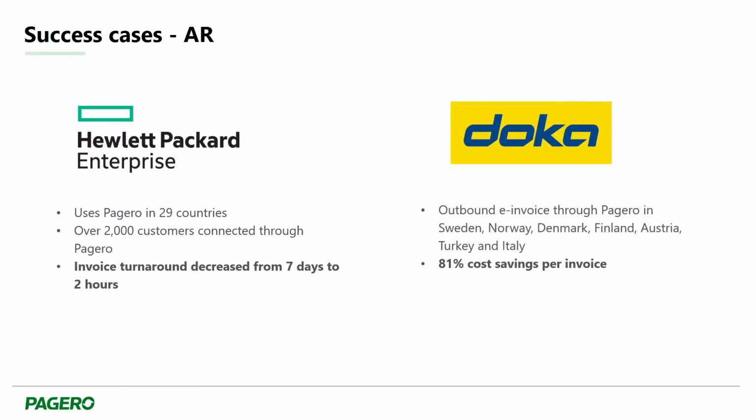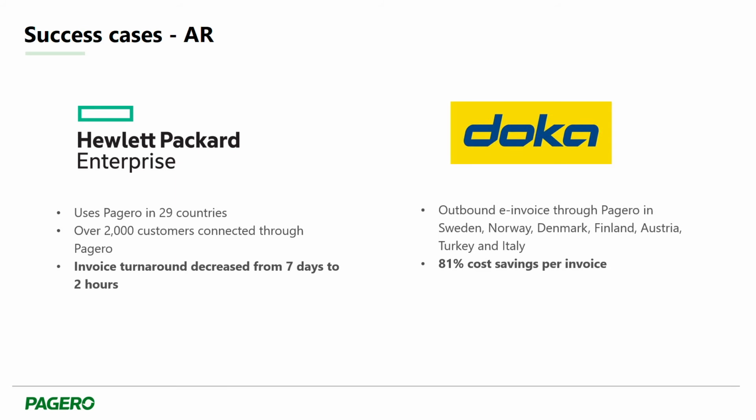So if you start with HP, they started to work with Pagero in Finland a couple of years ago. And the reason they partnered up with us was to fulfill some customer requirements regarding e-invoices. And this partnership has now grown into 29 countries where we help them. So we help them with multiple requirements in various markets. And they have over 2,000 customer connections through the Pagero platform.